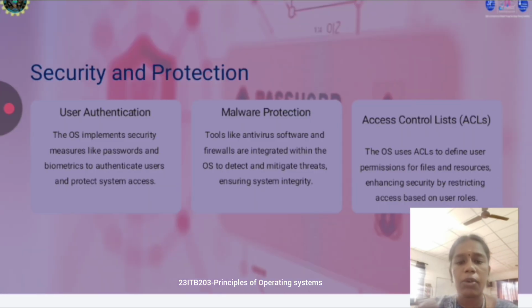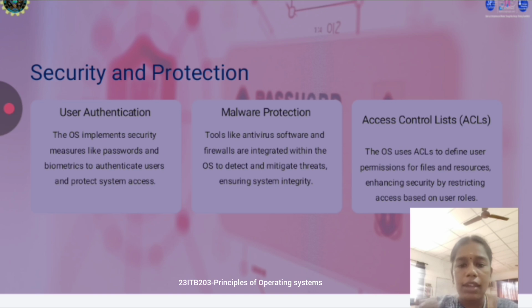Next one, security and protection. In security and protection, we have user authentication, malware protection, and access control. In user authentication, the OS implements security measures like passwords and biometrics for authenticating users and protecting the system access. And then malware protection.